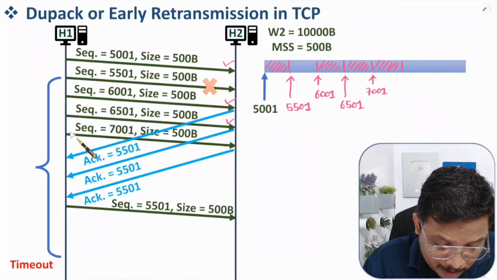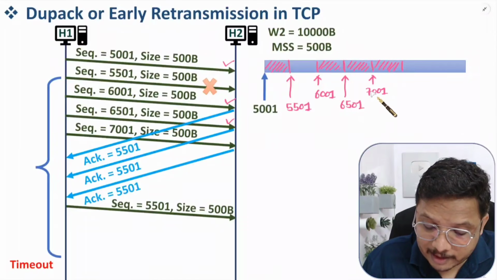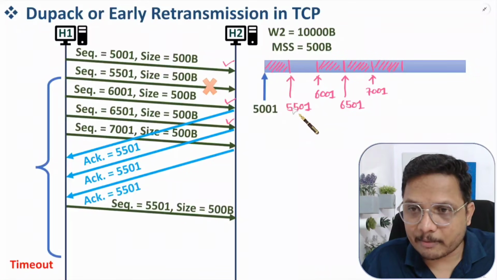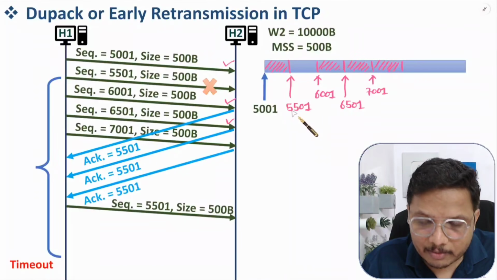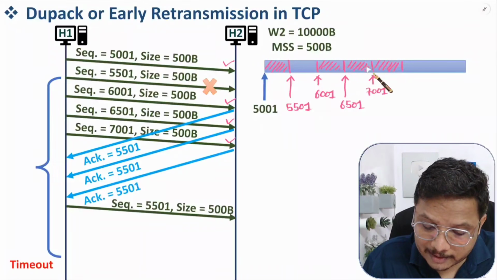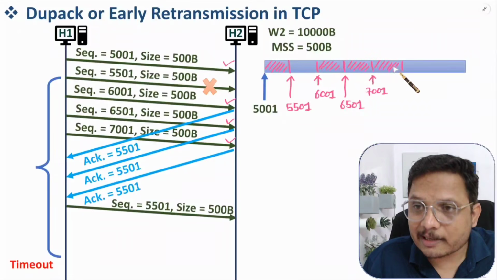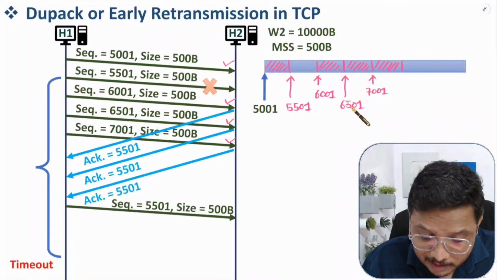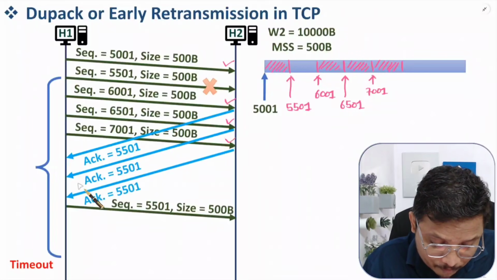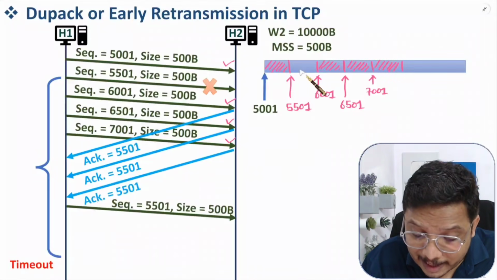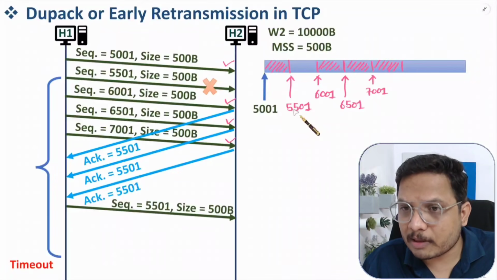When it receives the third segment, at that time also it says I have not received the segment with sequence number 5501, right? Although it has received these three segments and stores them inside this window, during that reception it gives acknowledgements as well, indicating I am waiting for the segment with sequence number 5501.